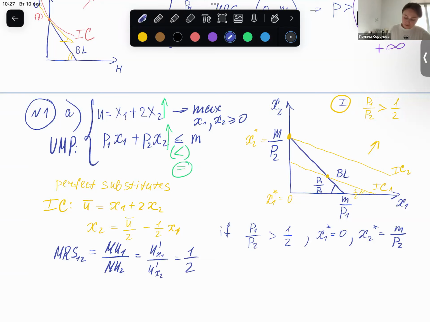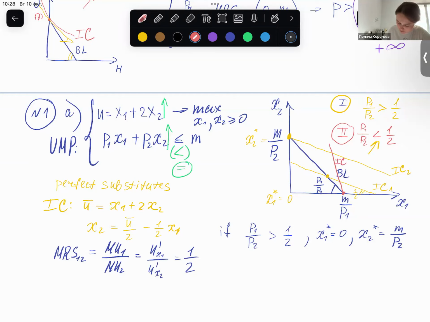Okay, then let's check another situation. The second situation is vice versa, when the price ratio is less than 1/2. So the indifference curve will be steeper than the budget line, and the last intersection will be in another corner solution. Here, this is the indifference curve.